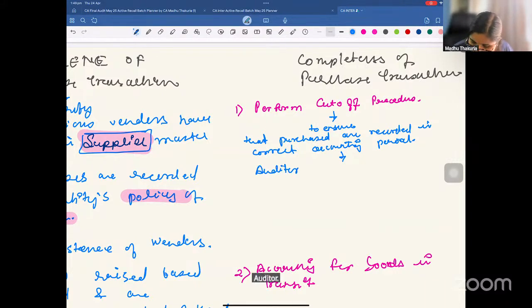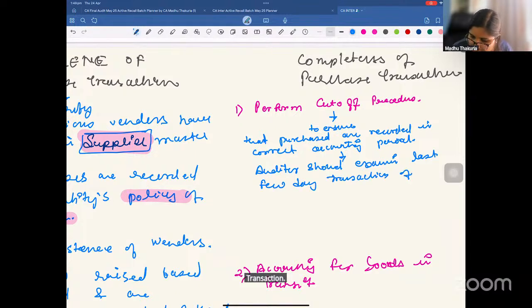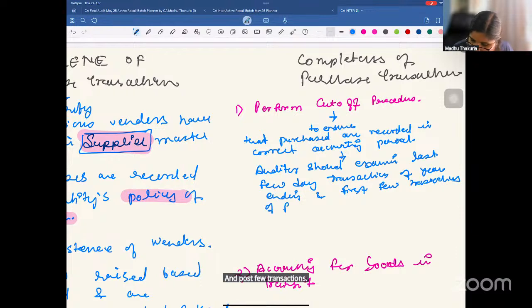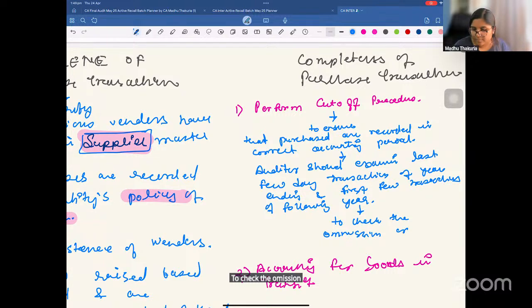Auditor should examine the last few days' transactions of the year ending and the first few transactions of the following year, to check the omission or delaying of recording of purchases, purchase invoices, whether they have omitted the booking or they have delayed the booking.